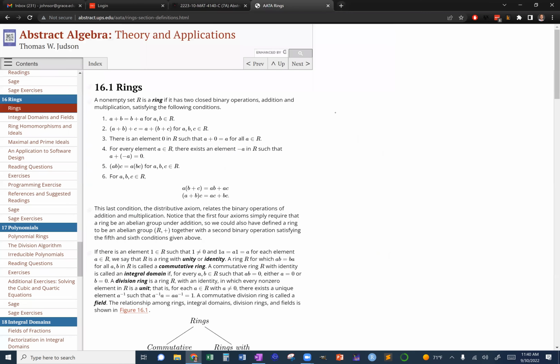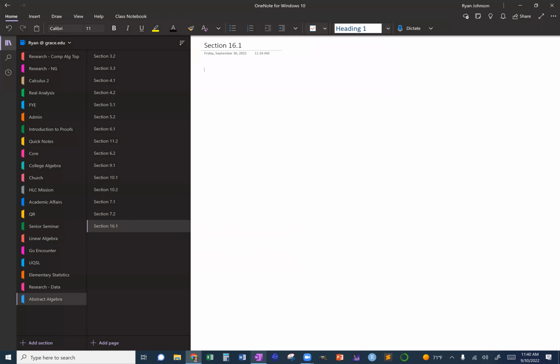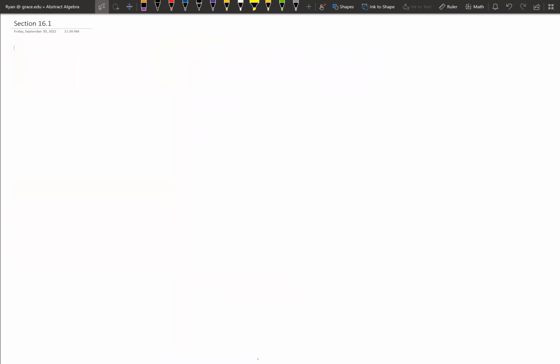So rings are sets with two operations, right?